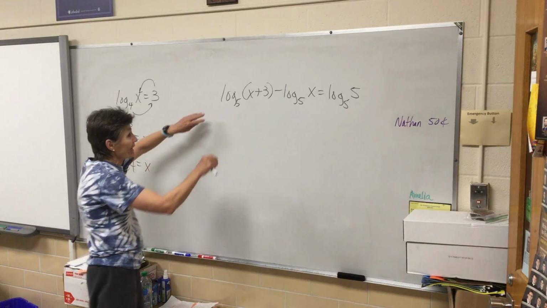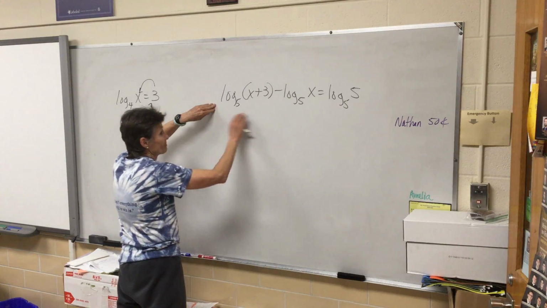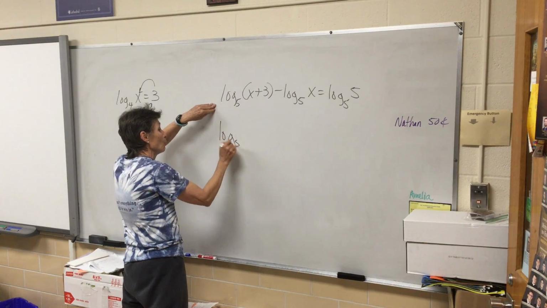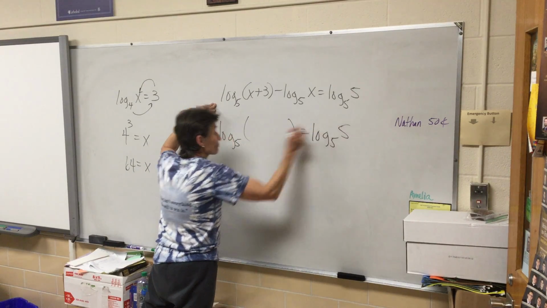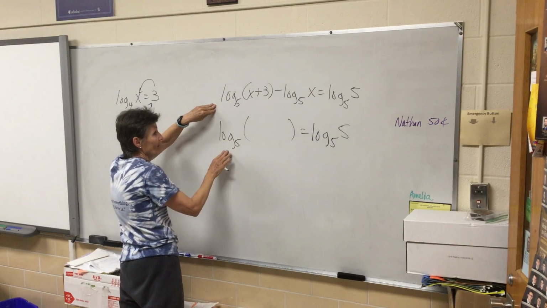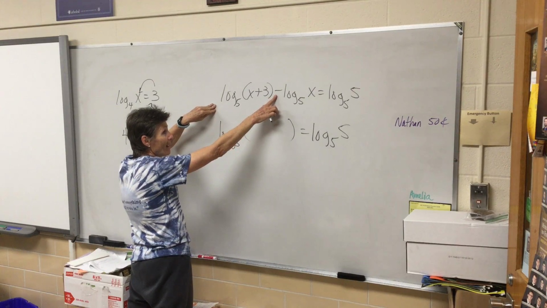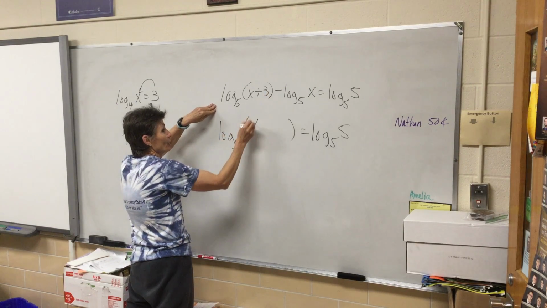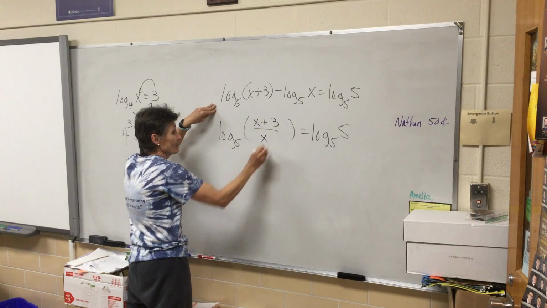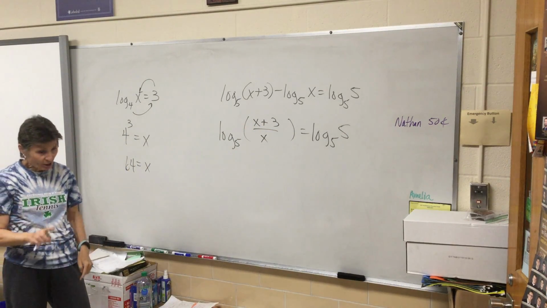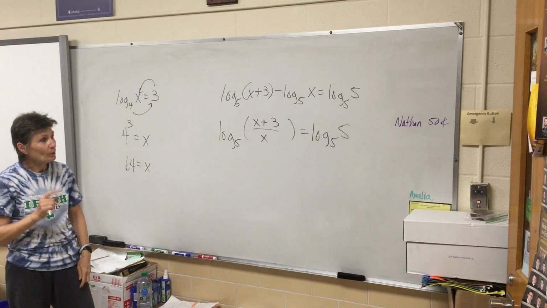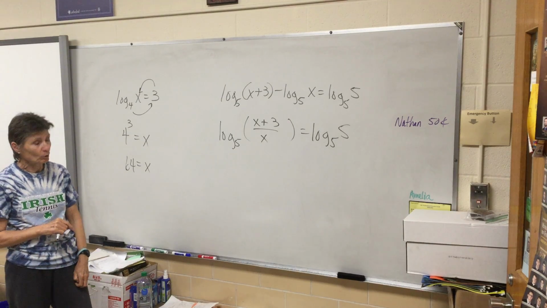So the first thing we have to do is put these 2 logarithms together into one. Instead of having 2 logarithms, we're going to have 1. Since that's a minus, they're going to go together as a division. If it were a plus, you would still put them together, but you would put it together as a multiplication.